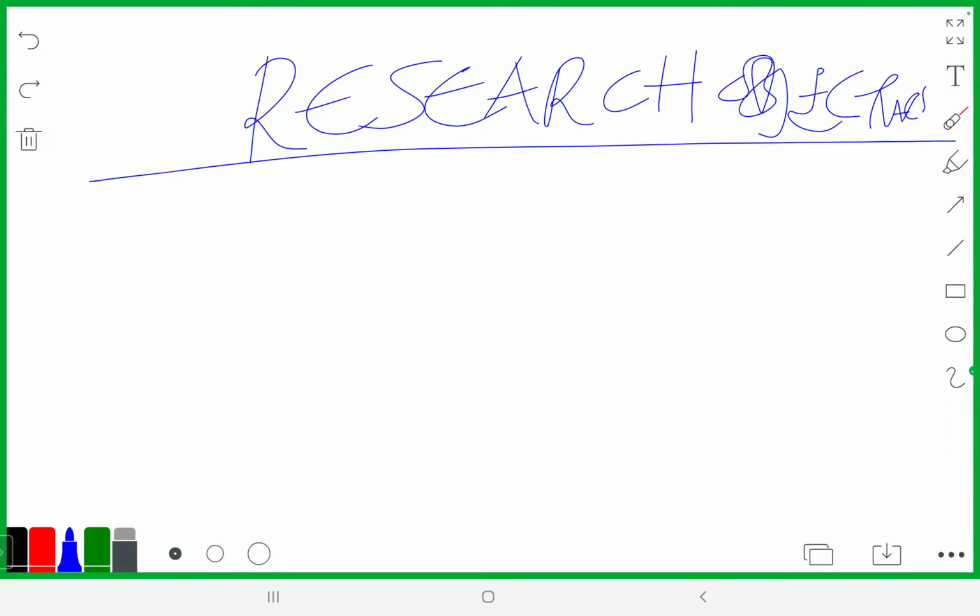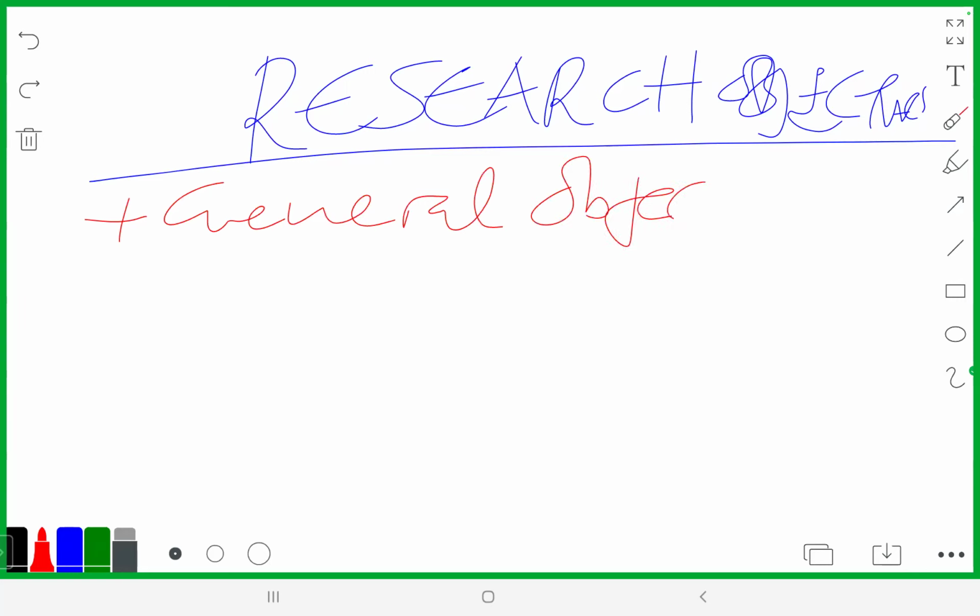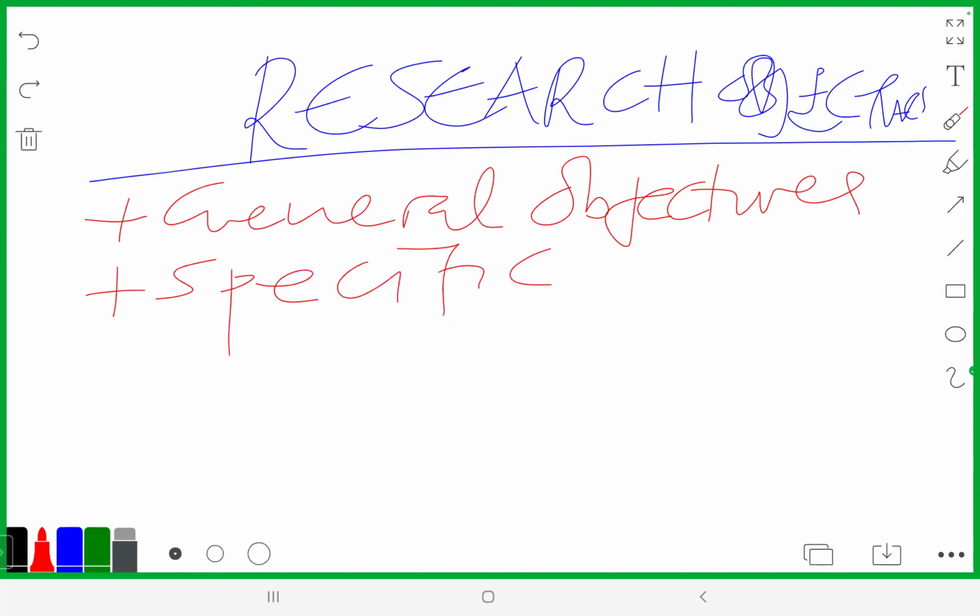What's the objective of your research? Now get that in research, the objectives are grouped into two. There is what we call general objectives, and the specific objectives. All these are supposed to appear.